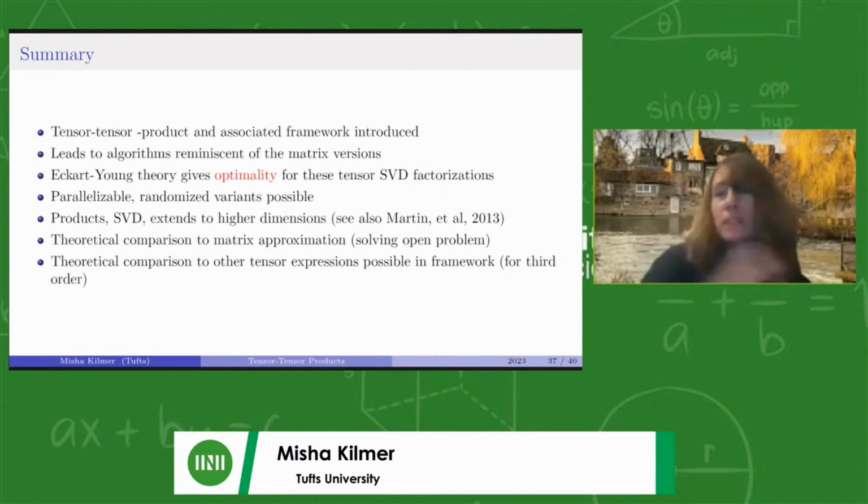None of the other tensor decomposition methods that I mentioned has an Eckart-Young theorem associated with it. We've been able to give Eckart-Young theory for this whole family of tensor SVD factorizations.